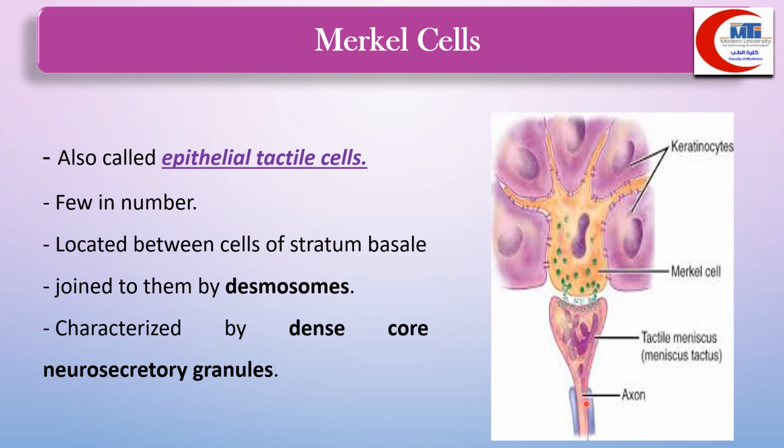The sensory nerve fiber loses its myelin sheath as it reaches the epidermis, and the naked nerve fiber penetrates the basement membrane to terminate as a terminal disc-like expansion under the Merkel tactile cell.